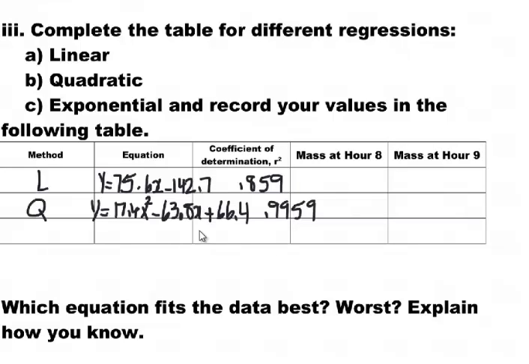And the exponential one, we found that a and b rounded to one decimal gives us the equation 11.2 times 1.7 exponent x, and the r squared was 0.89.